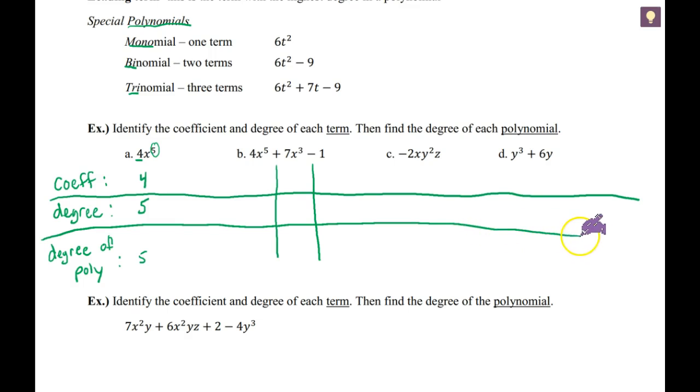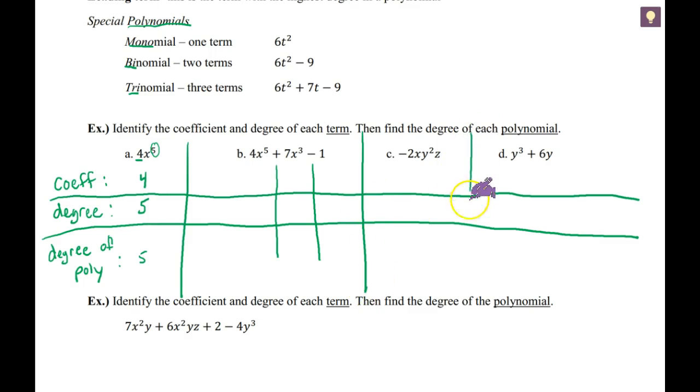That was the first example here, and alright. So the coefficient to the first term here, so their terms are separated by plus and minus, right? So the coefficient is 4, the degree is 5, and I can't answer this question yet, I don't have enough info.